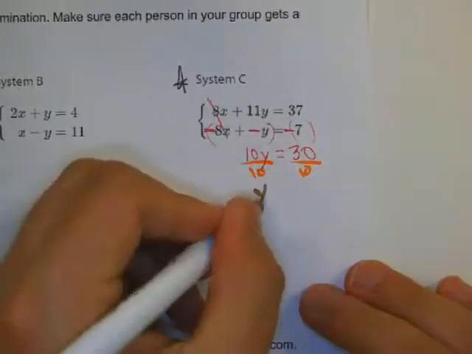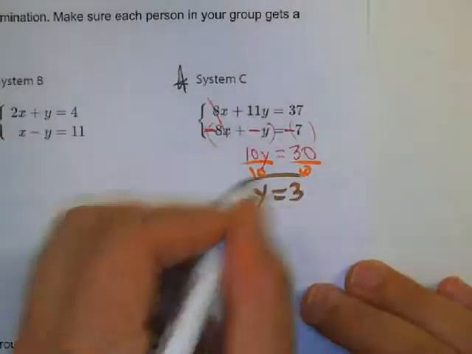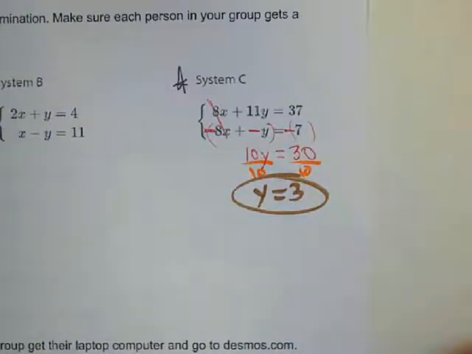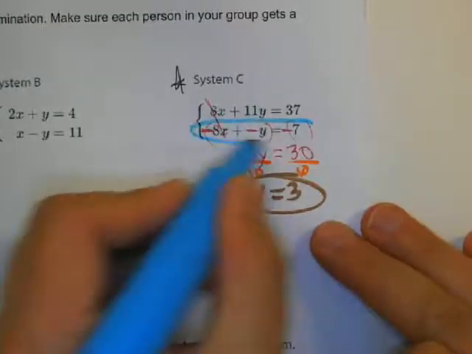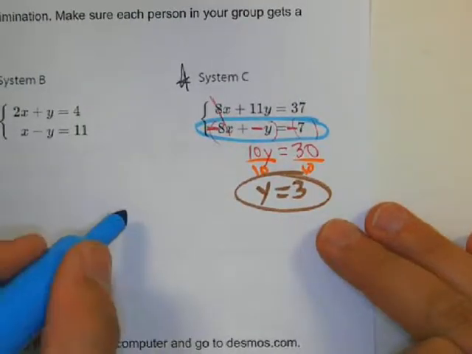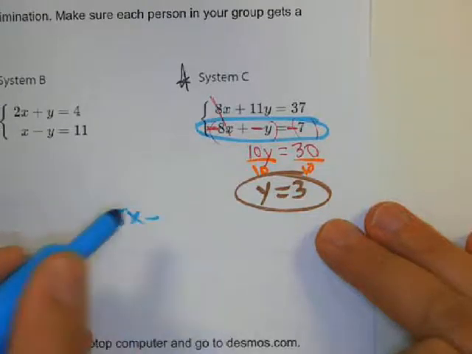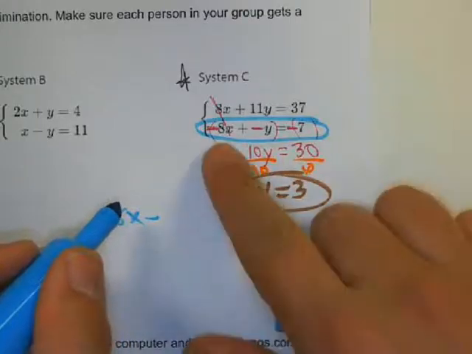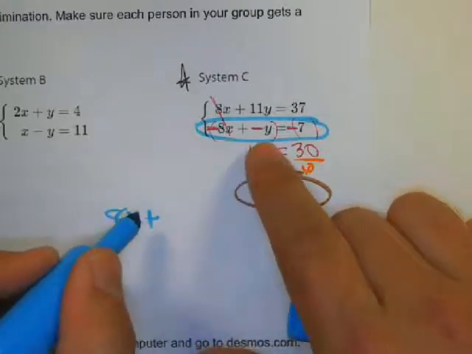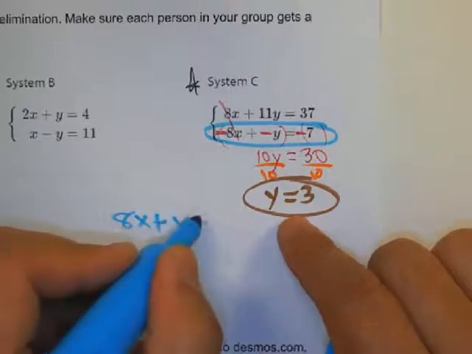y equals 3. Okay, now that I know that y equals 3, I can go back to one of these equations. Let's pick this bottom equation. That seems a little easier to work with. The original equation was positive 8x plus y equals positive 7, right?